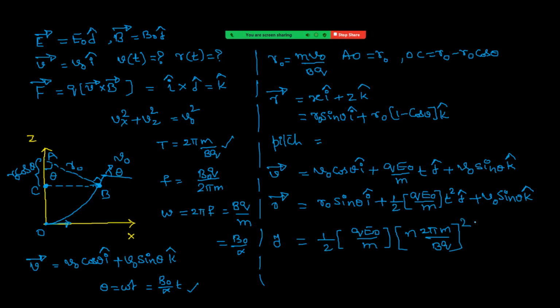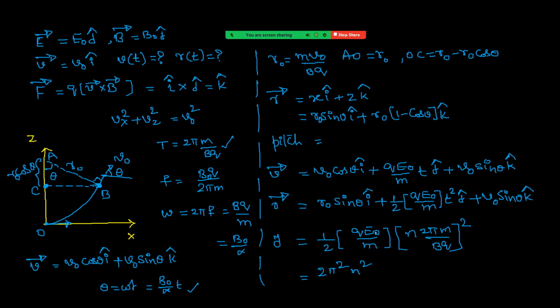Half a t square. Now simplify the remaining part. See what we are going to get. 2 square is 4, and with the 2 here, remaining 2. 2 pi square, n square.